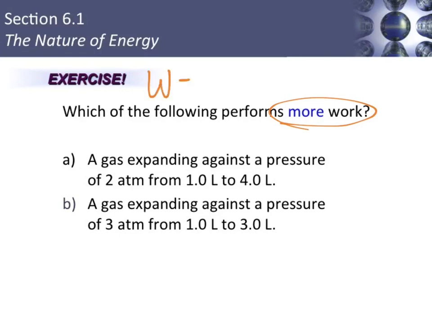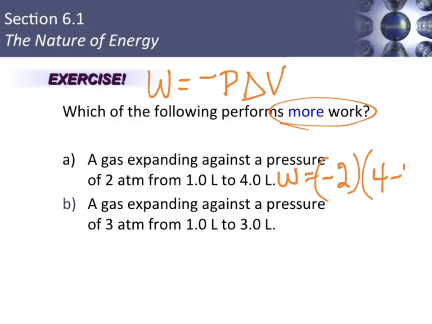Work is equal to negative P delta V. So a gas expanding against a pressure of 2 atmospheres. So work is equal to negative 2 times going from 4 to 1. So what is work in that problem? Negative 6.